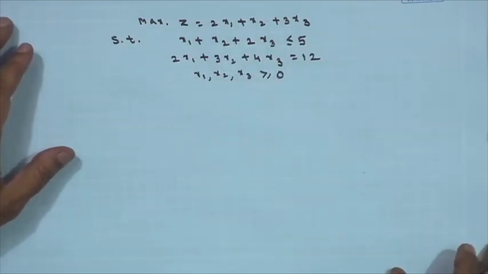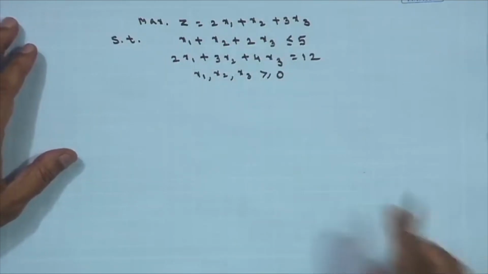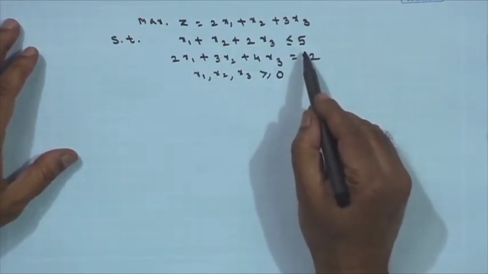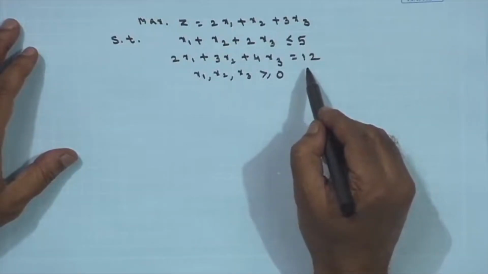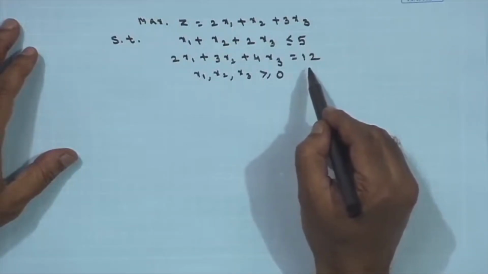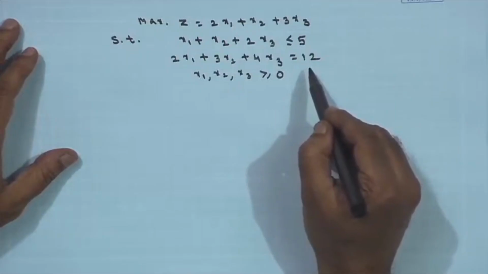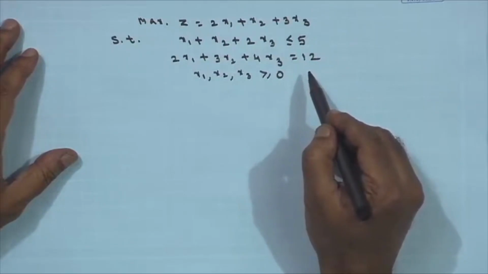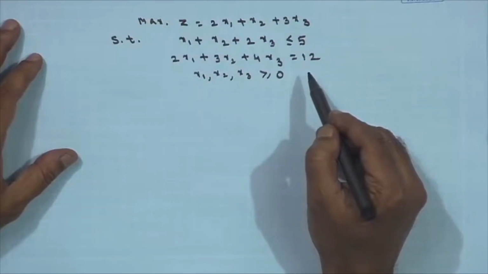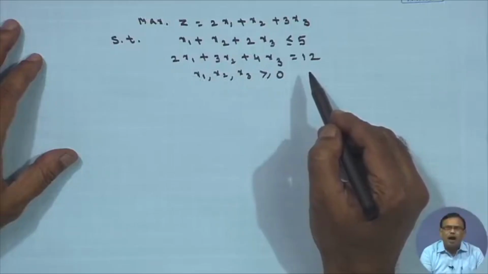In this particular problem, one constraint is of less than or equal type and one constraint is of equality type. Usually, if you remember, for a less than or equal type inequality you have to add a slack variable, whereas if it is greater than or equal type, like in the earlier two examples, you have to subtract one surplus variable and add one artificial variable.